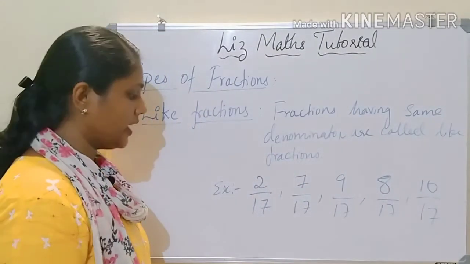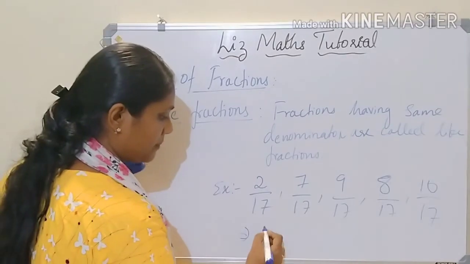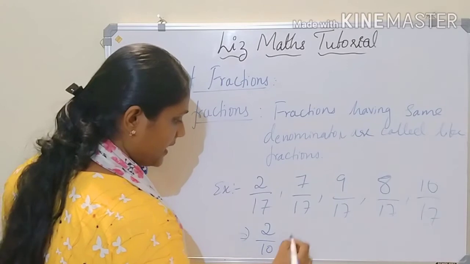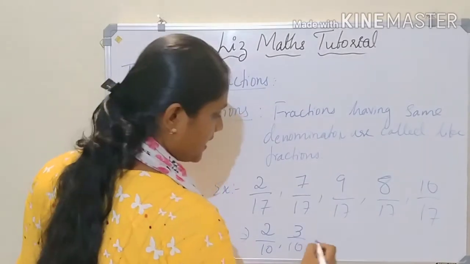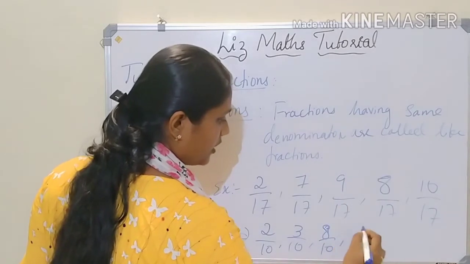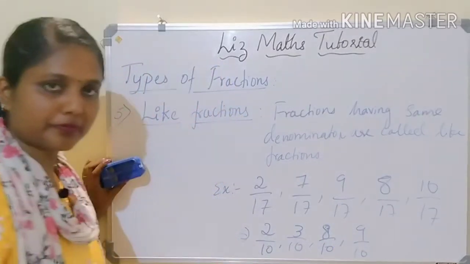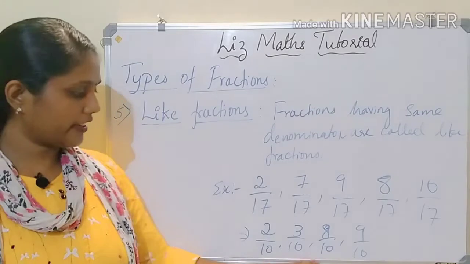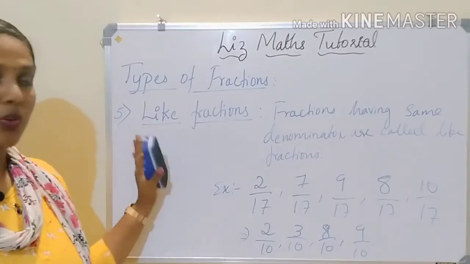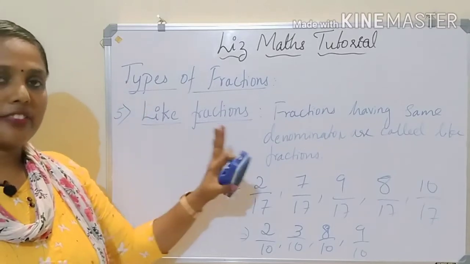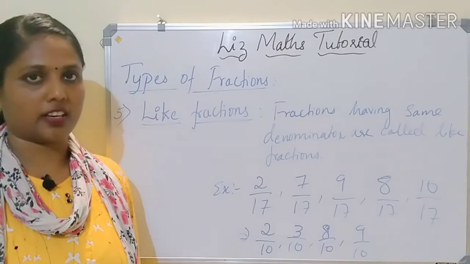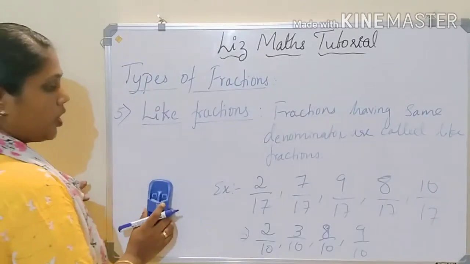If you want, I'll take one more example: 2 by 10, 3 by 10, 8 by 10, or 9 by 10, anything. Here also the denominators are the same. So you only have to understand that in like fractions the denominators are the same. Okay? Now move on to the next one.